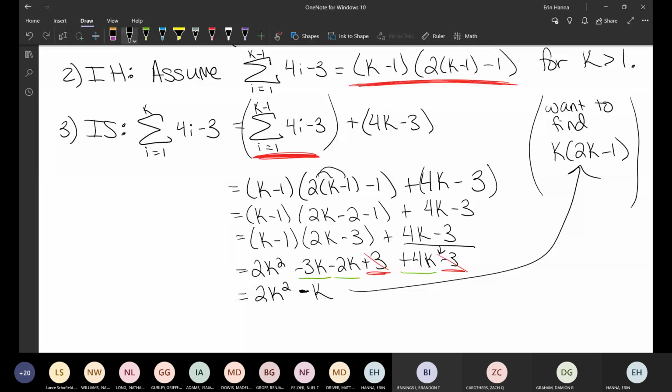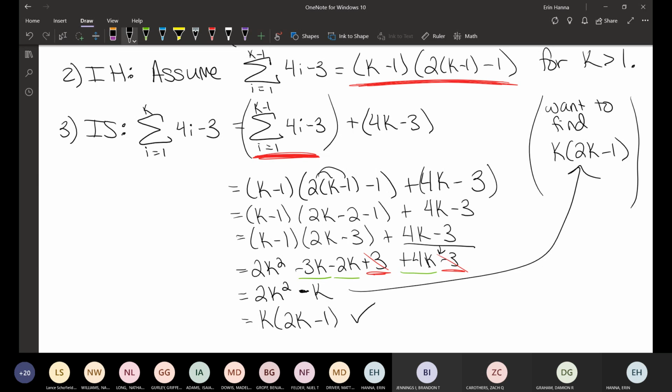Negative 5 plus 4 is negative 1. So if we want to transform that into k times 2k minus 1, all we have to do is factor out the k that they have in common. We get exactly what we wanted by induction.